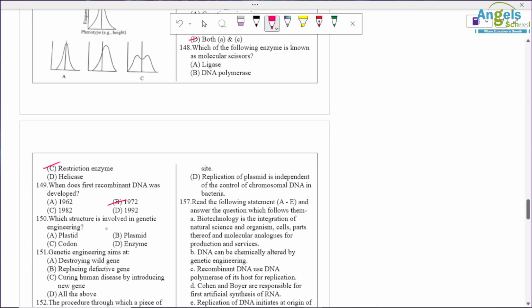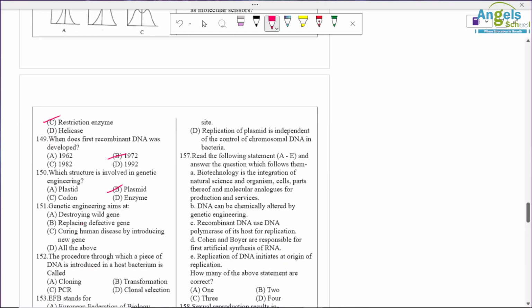Which structure is involved in genetic engineering? So plasmid is used in genetic engineering. Genetic engineering is aimed at destroying wild gene, replacing defective gene, curing human disease by introducing a new gene.